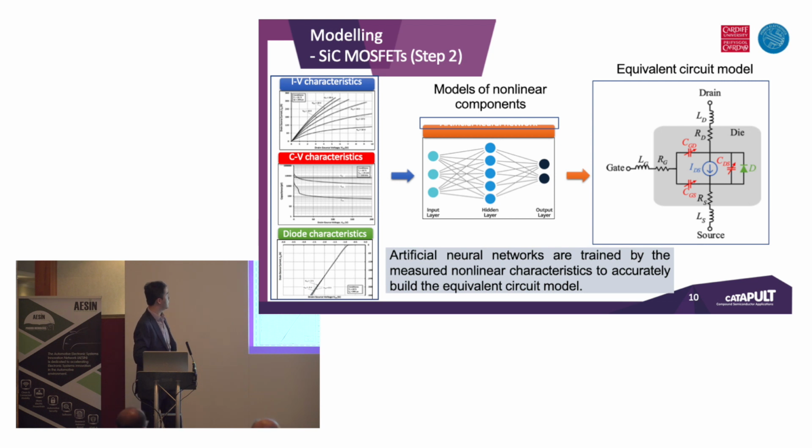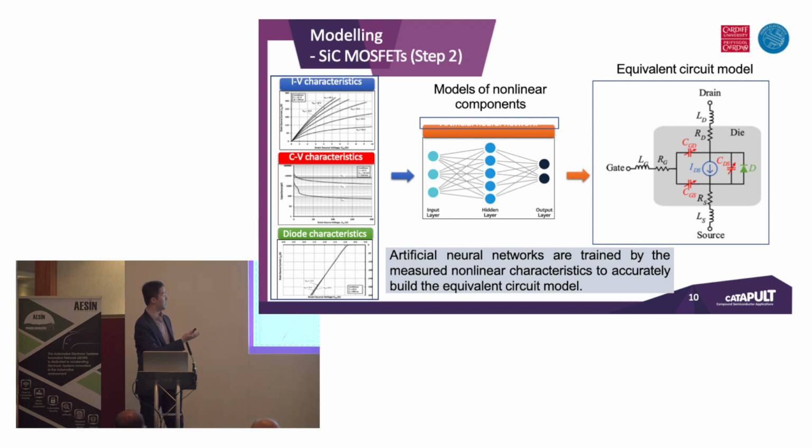What we do is the characterization, but not only in the low IV region. We also characterize the performance of the silicon carbide MOSFET in the high IV region. That's what happens when the device is on and off. I'm talking about that 100 nanoseconds, what happens then. Then we use this data to feed into the artificial neural network.